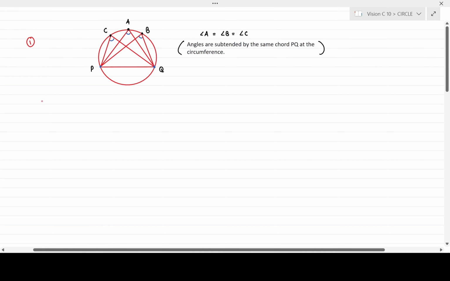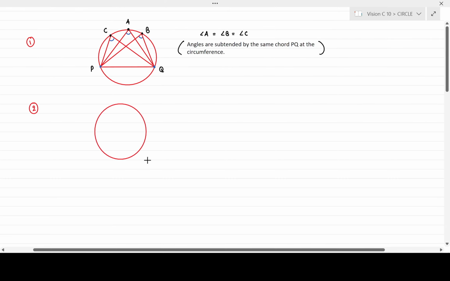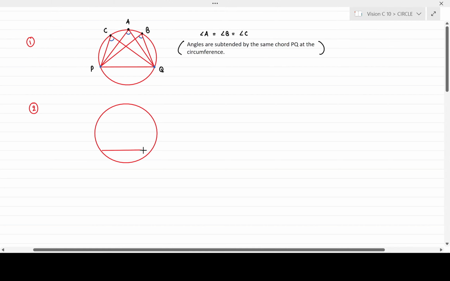Next theory. Theory number two. Now, according to this theory, suppose again there is a chord, it subtends an angle at the circumference and also it subtends an angle at the center.